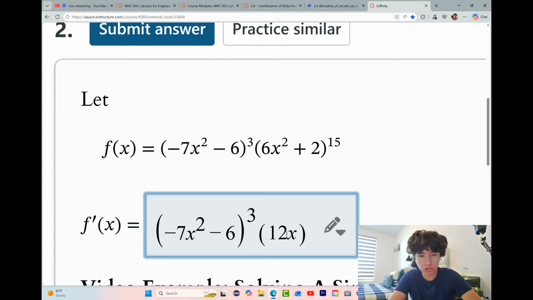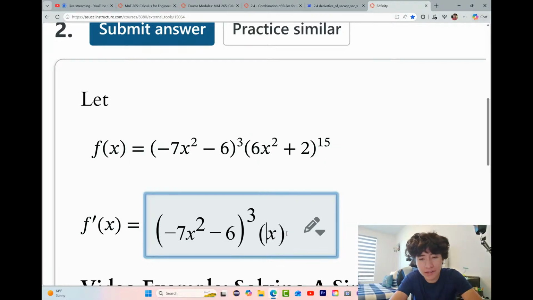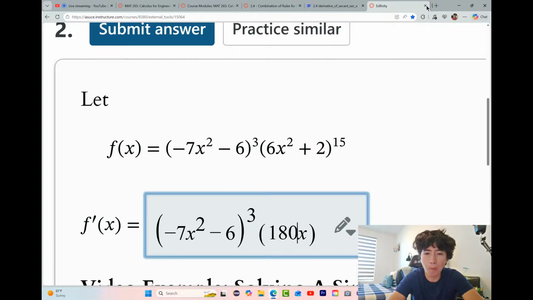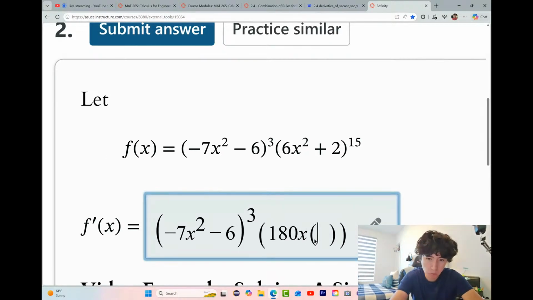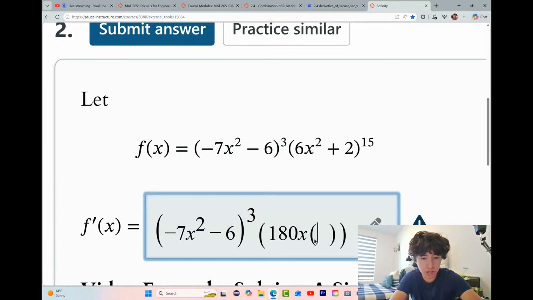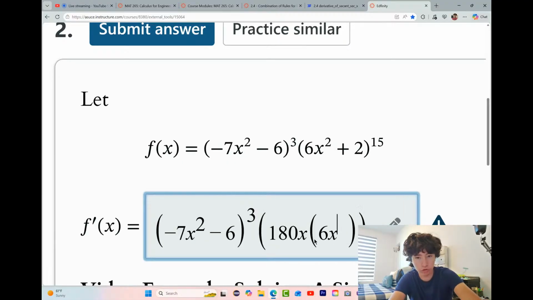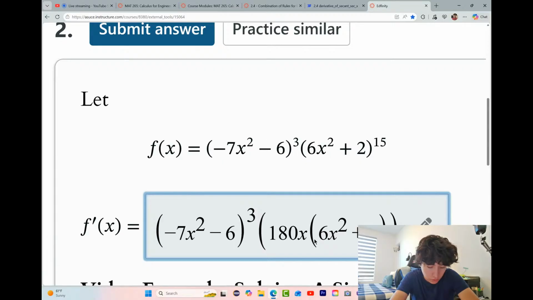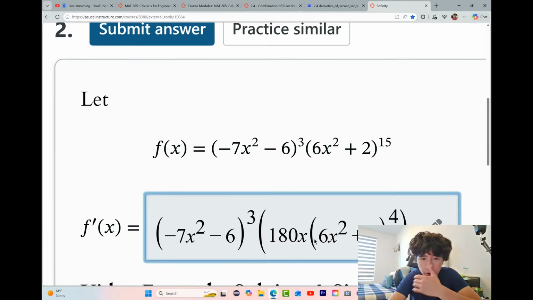What's 12 times 15? 180? Yeah, 12 times 15, 180. 180x times 6x to the power of 2 plus 2, and all of that to the power of 4. Can you do that? Yeah, you can do that, obviously.